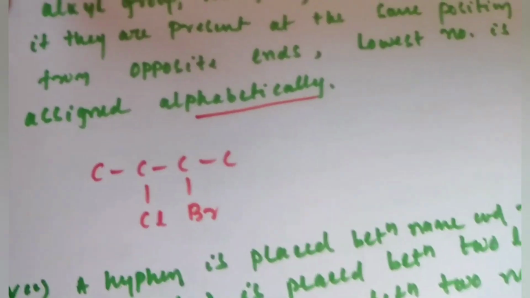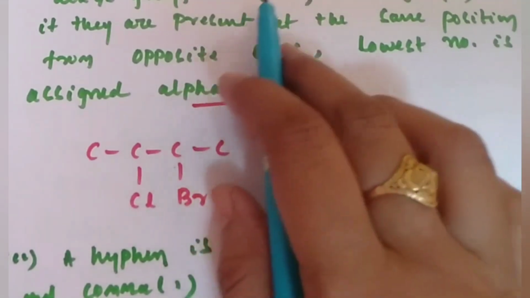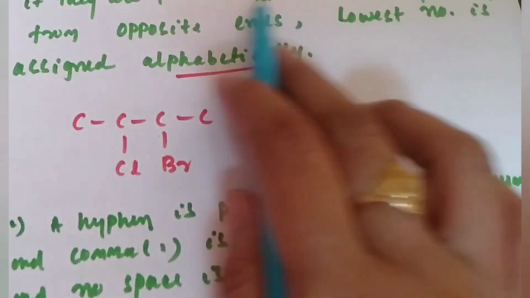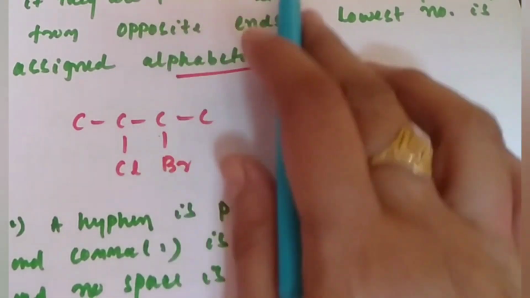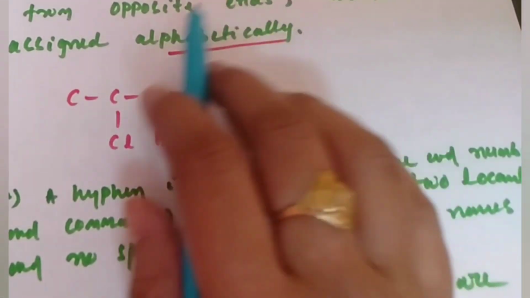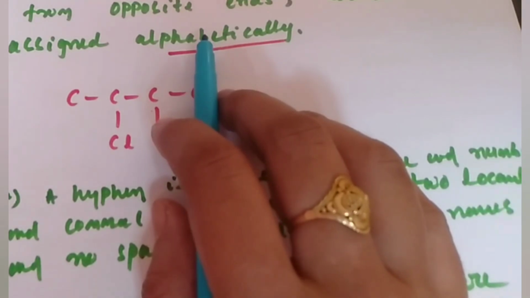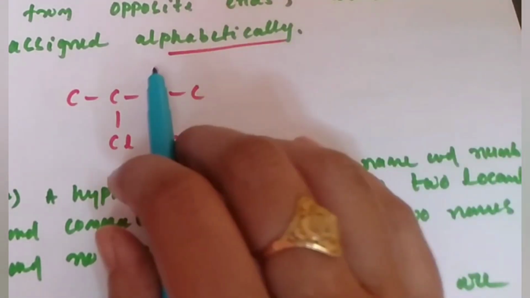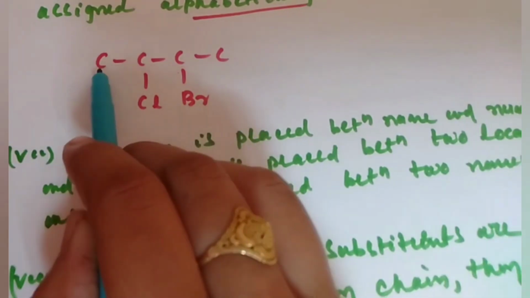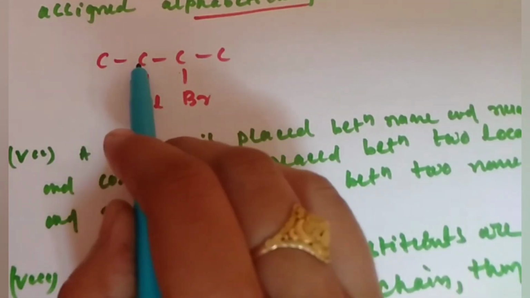Okay. Now next rule is, in case of substituents such as alkyl group, halogens, nitro groups, they are treated as your substituents. They are not treated as your functional groups. So if the substituents are present at the same position from opposite ends, then you have to give the lowest number according to the alphabetical order. Suppose here, if you proceed from this side left to right, 1, 2, 3, 4.